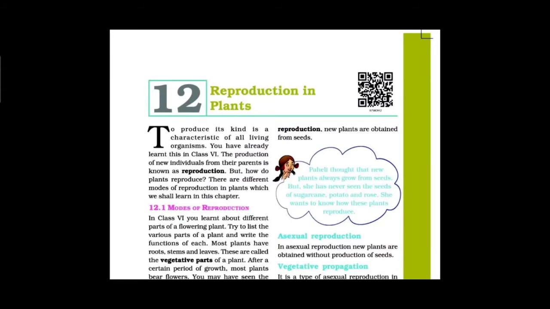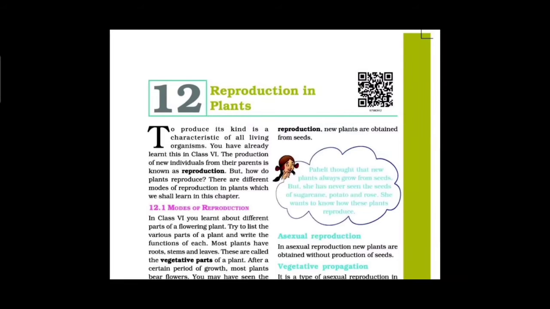Then the seed germinates and forms new plants. This is reproduction, right? So what is the function of flowers in plants? The flowers perform the function of reproduction in plants. It is a basic thing, right?